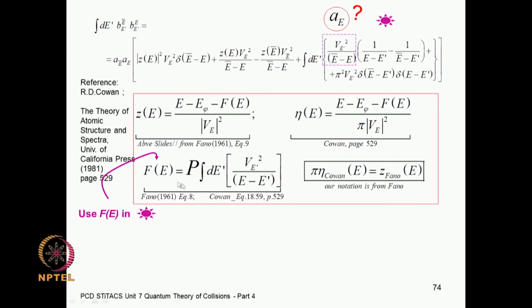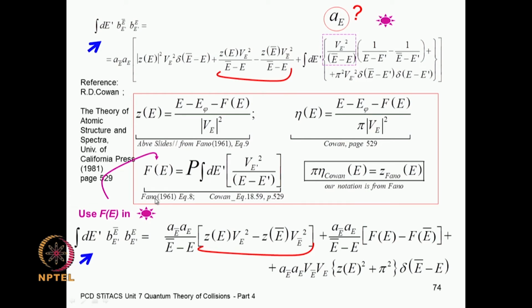So, we will use f of e instead of this term over here, because the e equal to e prime or e equal to e bar cases we have already taken care of using the Fano-Dirac trick. Now, by using this f instead of this, we get all of these terms over here.